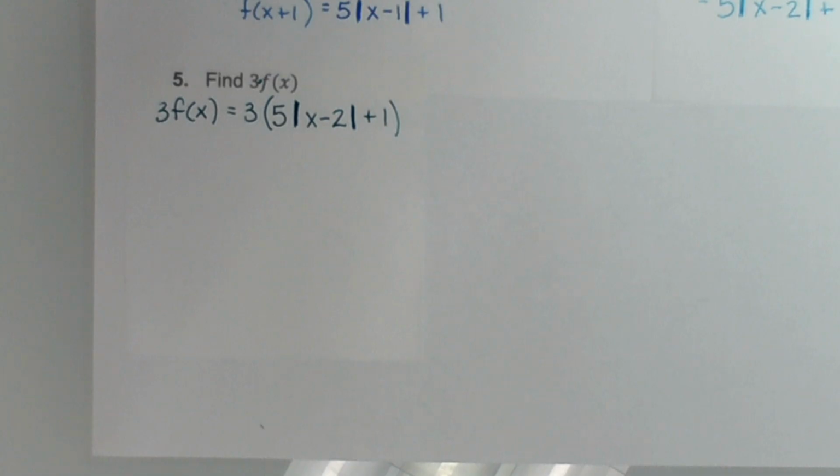What do you do when there's a number in front of a parenthesis? You distribute. Now, we already talked about distribution today. Can we distribute into an absolute value? No. But can you distribute in front of one? Yes. You can distribute this 3 to the number in front of the absolute value.